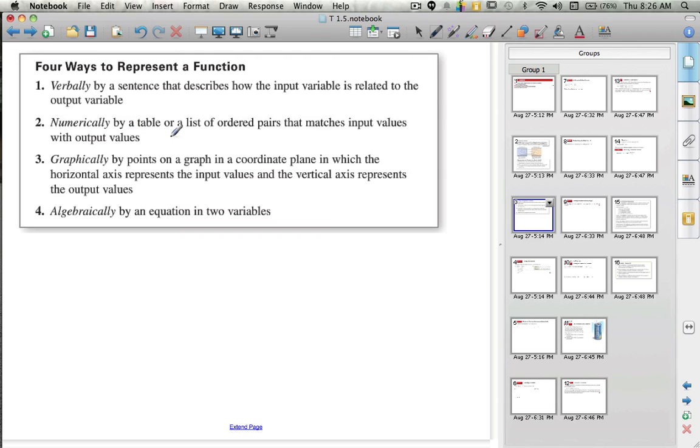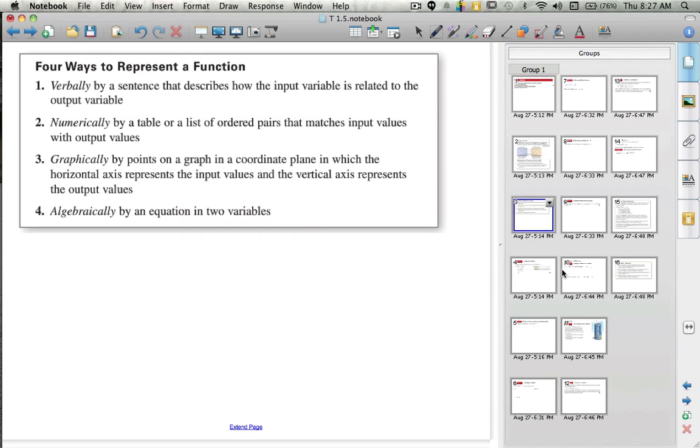We can describe it numerically by providing an input-output table, a table or a list of ordered pairs that shows you how the inputs match with the outputs. We can show it graphically by graphing the points, or perhaps we could even do bar graphs or things like that, depending on the type of values you're showing. And we can also show it algebraically by showing an equation.